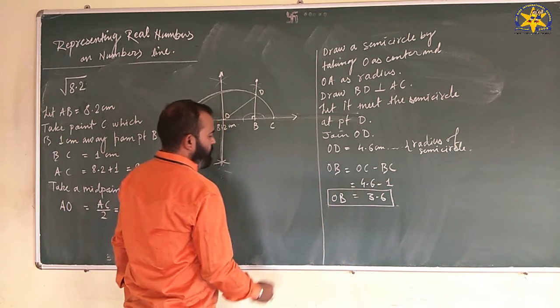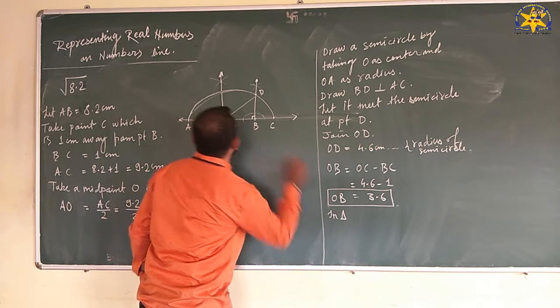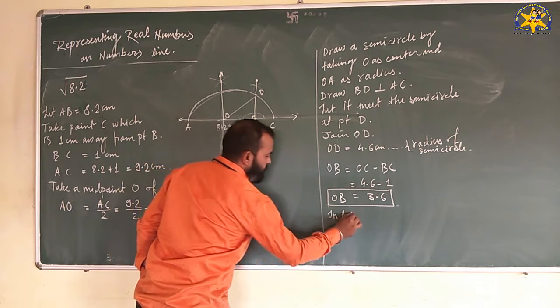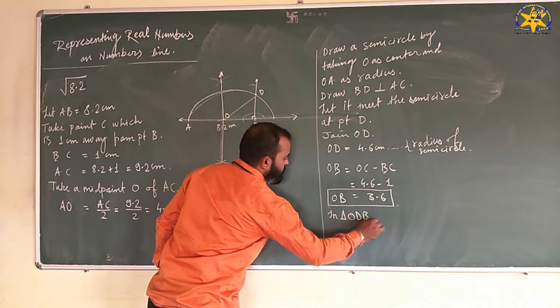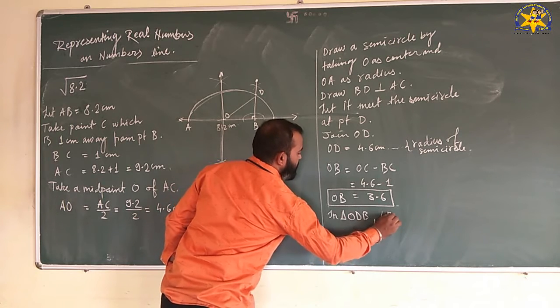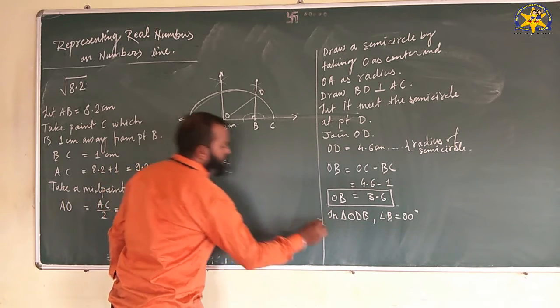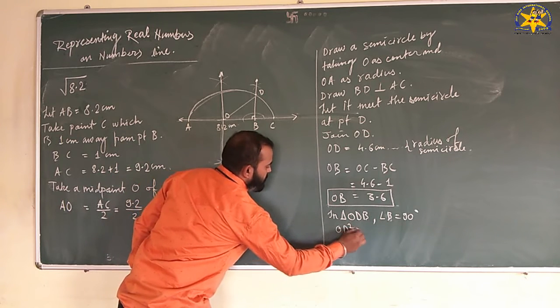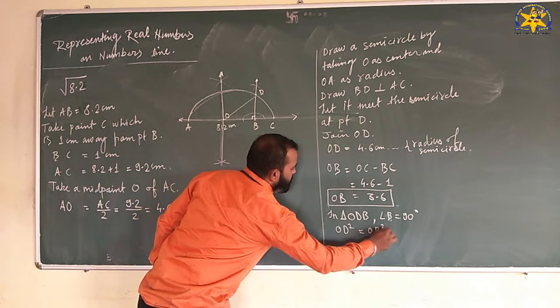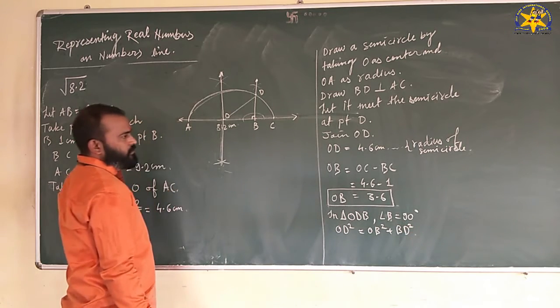Now in triangle ODB, angle B is equal to 90 degrees. Therefore, by using Pythagoras theorem, what will come? OD square is equal to OB square plus BD square. Right?